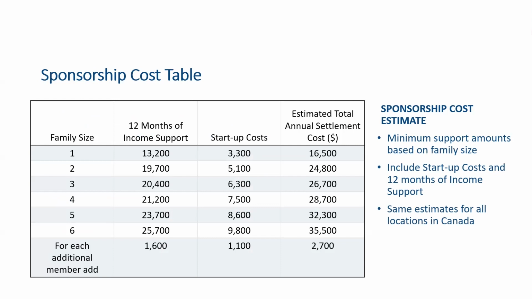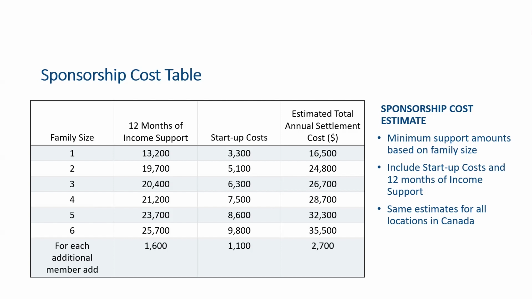But because the RAP rates are so province specific, and also dependent on family composition, any special needs the refugees may have, as well as a couple of other things, what you're calculating using the RAP rates may be higher or lower than the figure in the sponsorship cost table. If it's higher, it's not a huge deal because you're still hitting the minimum in the cost table for that family size. But if it's lower, then that application will not be approved by IRCC.